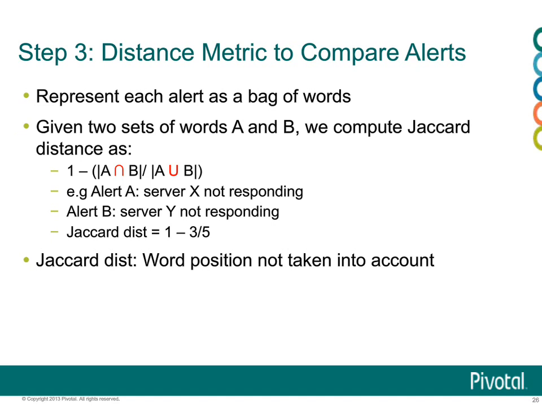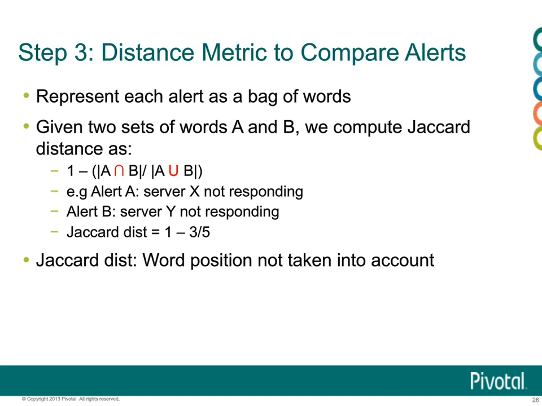We consider each alert as a bag of words, so the order of the words doesn't matter. So given two sets of words, A and B, corresponding to two alerts, A and B, we can compute a distance metric called Jaccard distance, which is defined as 1 minus the cardinality of the intersection between the two alerts divided by the cardinality of the union between the two alerts.